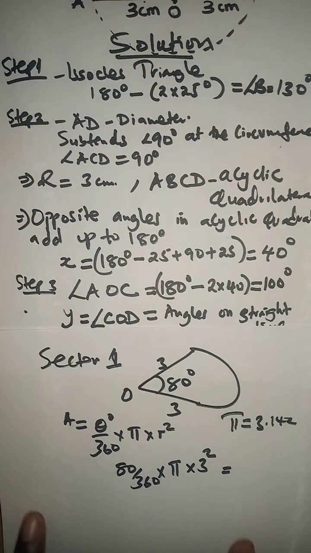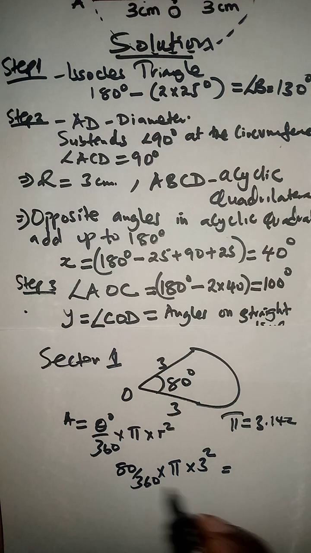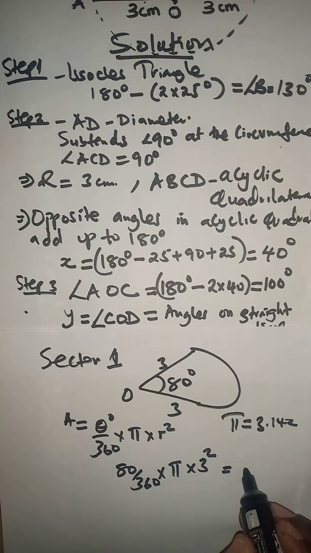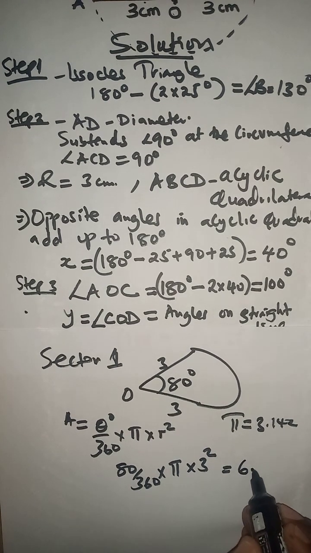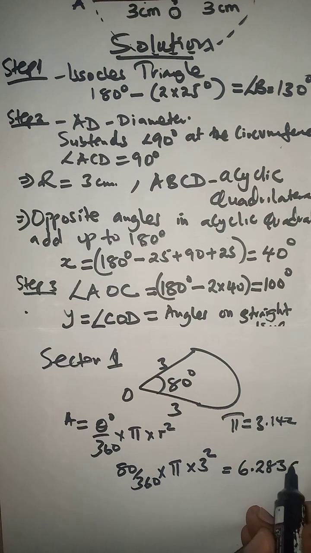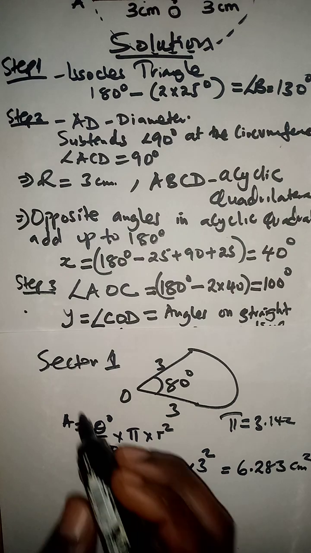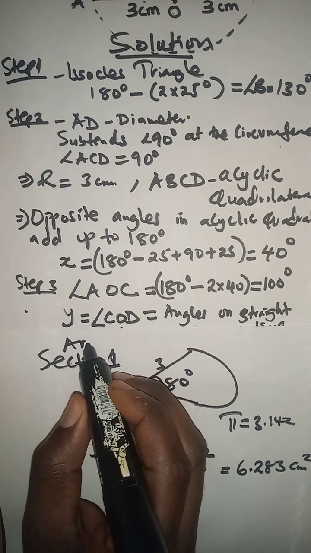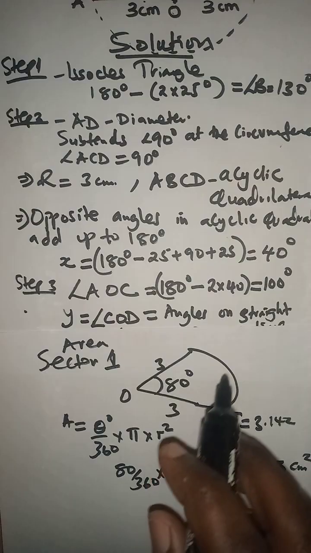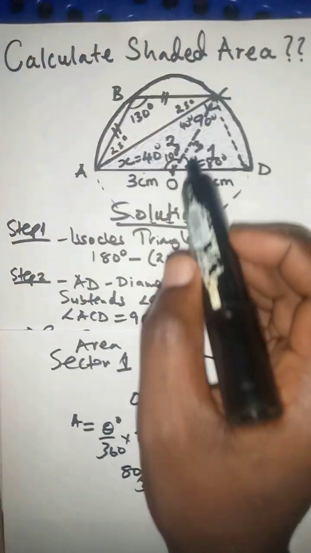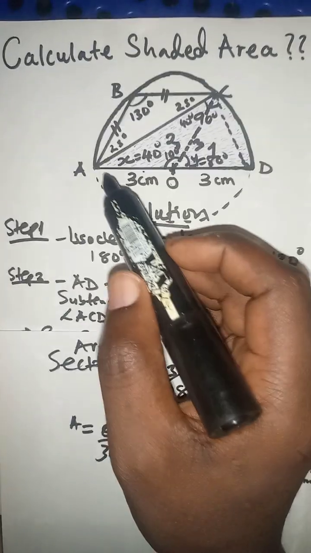With a scientific calculator, computing all these together, you're going to get the area as 6.283 centimeters squared. So that is the area of the first part, which forms a sector.